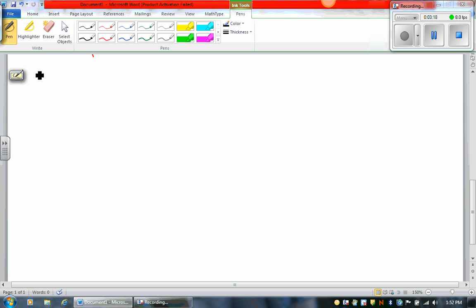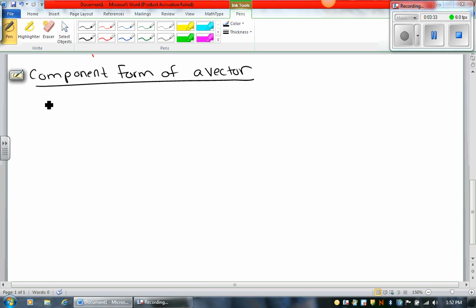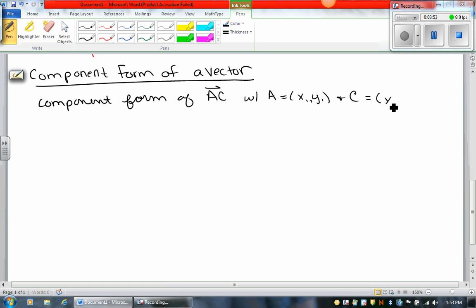Okay, so when we're talking about component form of a vector, component form of vector AC with A equal to the point x1, y1, and C equal to the point x2, y2, is going to be vector AC.